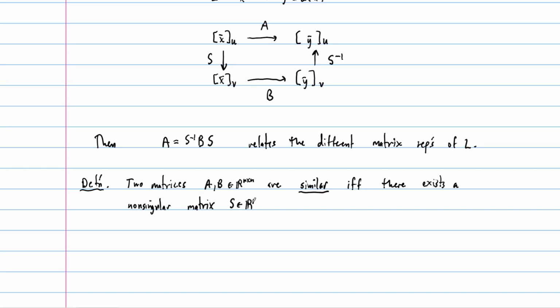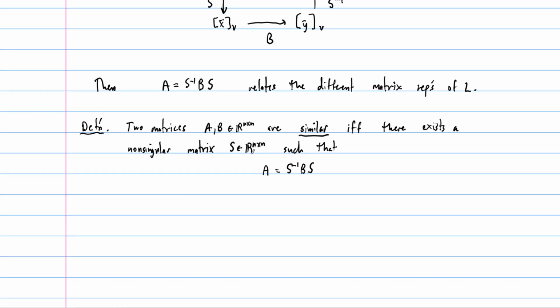It's also got to be an n by n matrix such that either A is equal to S inverse B S, or you could switch the roles. We could have rearranged everything, but this is the way we've got it here.